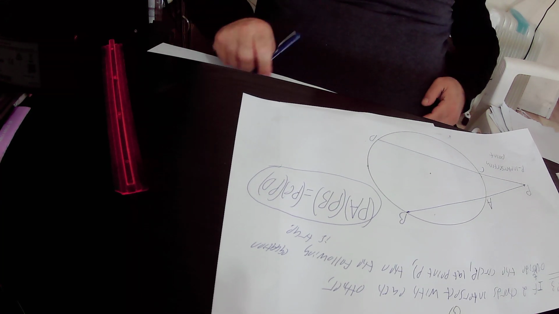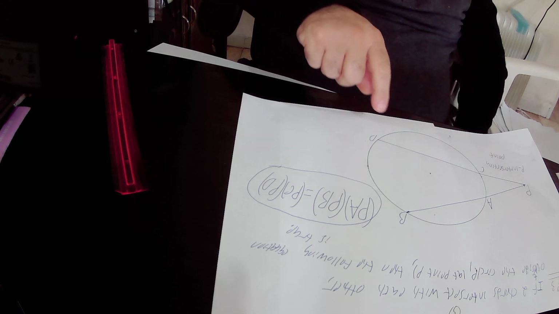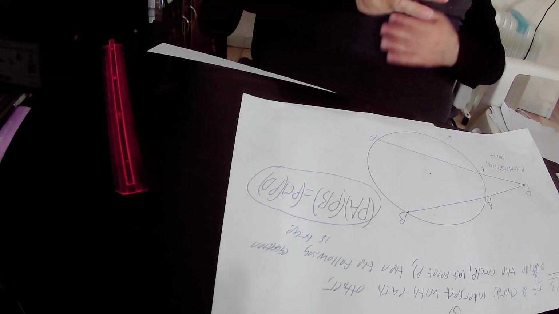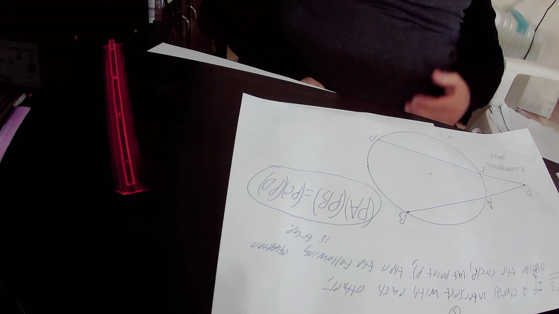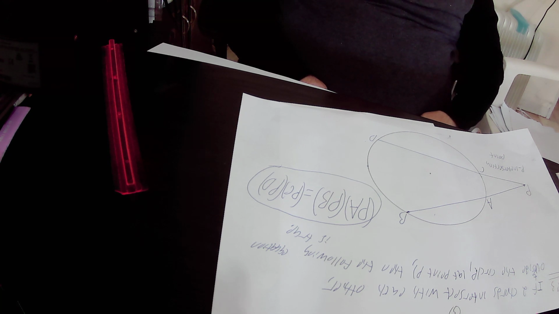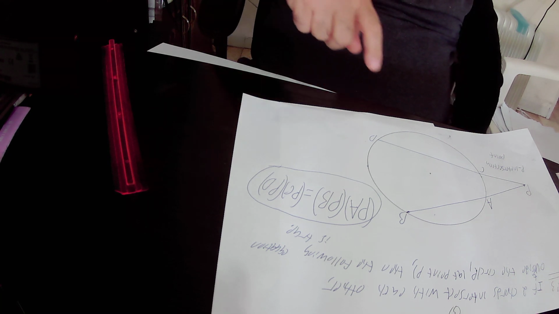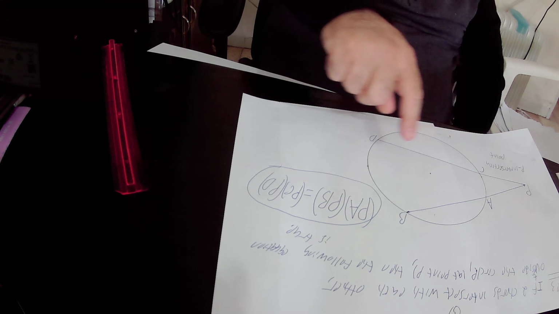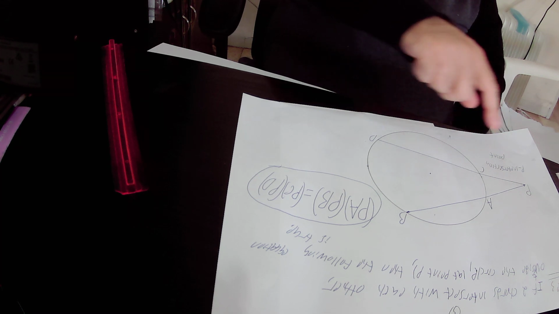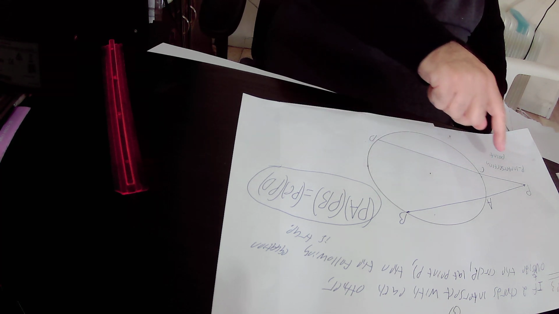I repeat again, chord AB intersects with chord CD at point P. Point P is the intersection point of the two chords, and point P is located outside the circle. So in this case, the following formula is true, that PA times PB equals PC times PD.